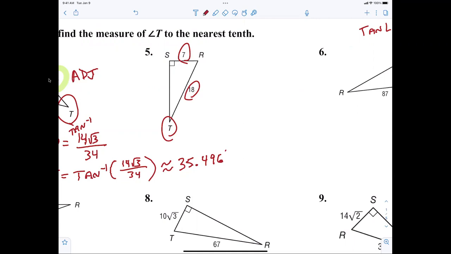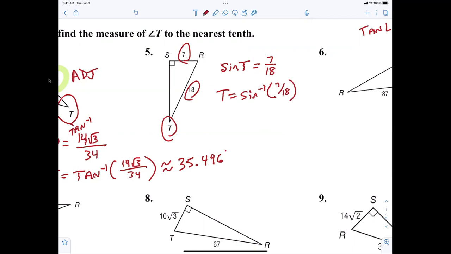So everybody needs to write down sine of T is equal to what? 7 over 18. Because we are brilliant and you've been listening, now I'm going to hit what? Second sine. But I want you to say mathematically we are doing the inverse sine. So I want everybody to write down T equals the inverse sine of 7/18.